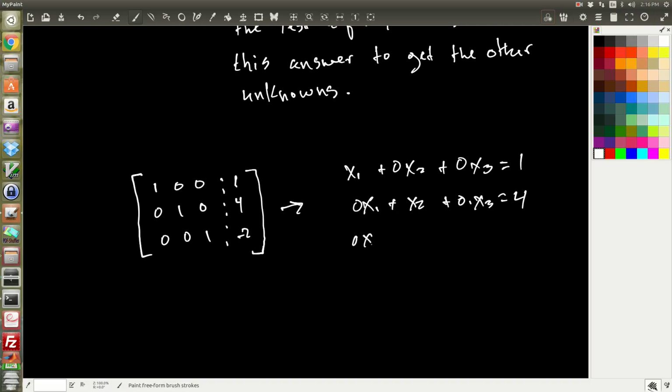Then you got 0 times x1 plus 0 times x2 plus x3 is equal to minus 2, which simplifies to x3 equals minus 2. So there you go. You just get the solution when you use Gauss-Jordan elimination.